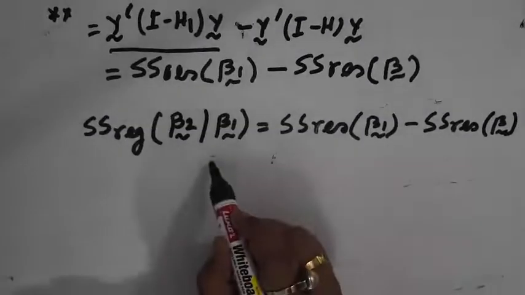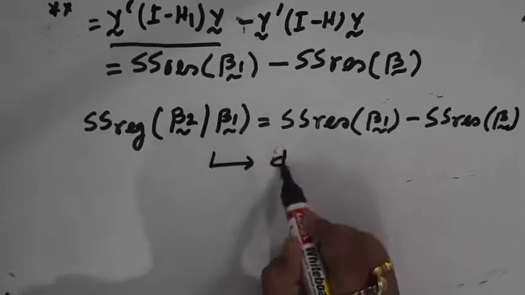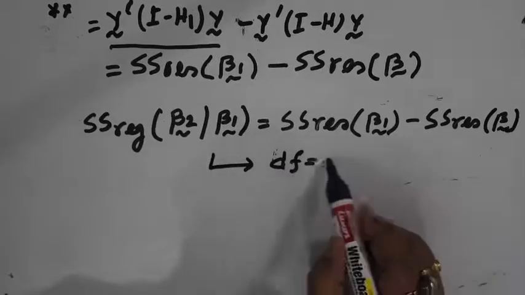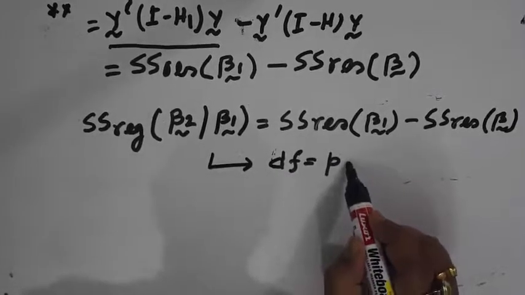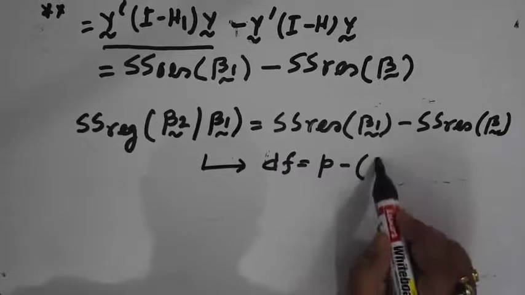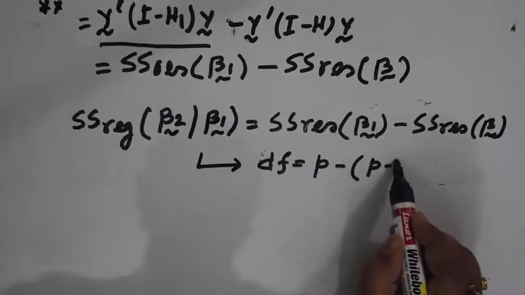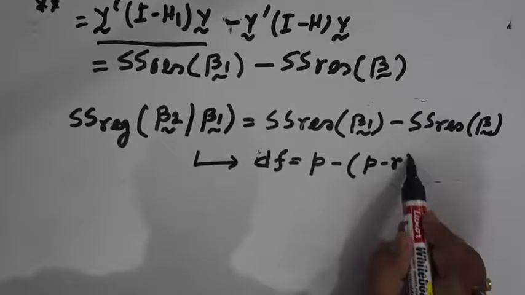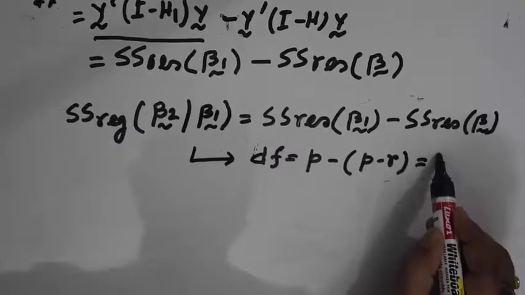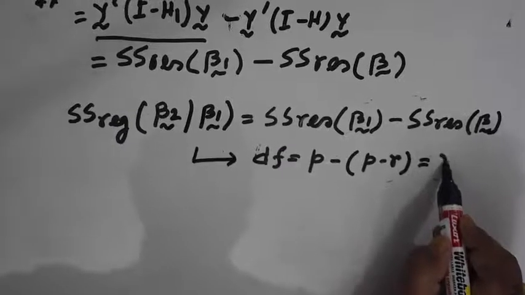And the degrees of freedom is equal to p minus (p minus r), that is equal to r.